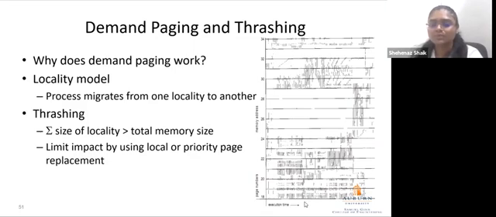Okay? So in brief, if the working set size is too large, then it may comprise multiple localities, and thereby the number of frames allocated to the process to accommodate that entire set of localities may not be efficiently used by the process.